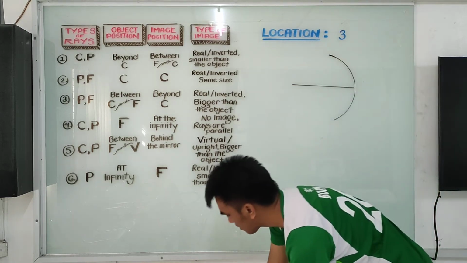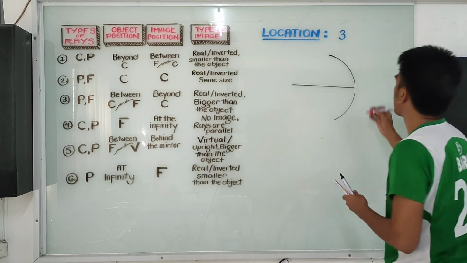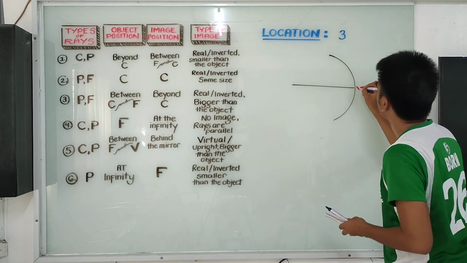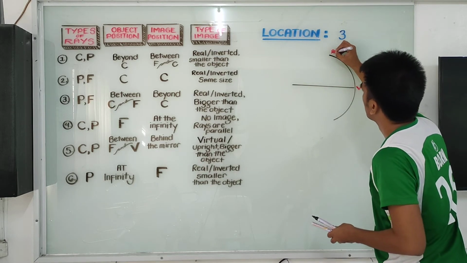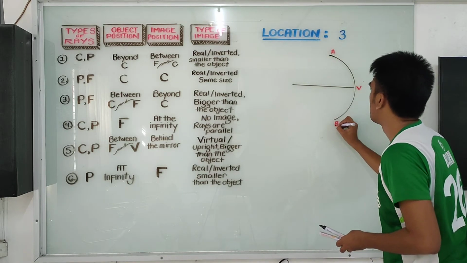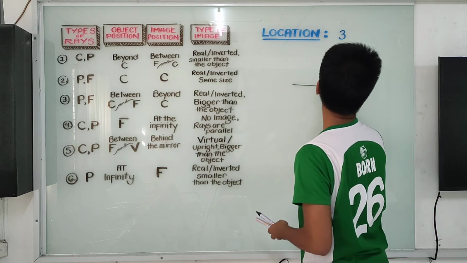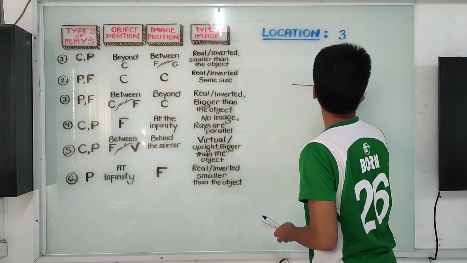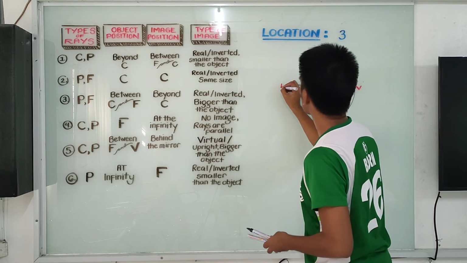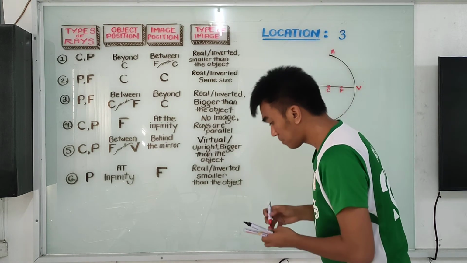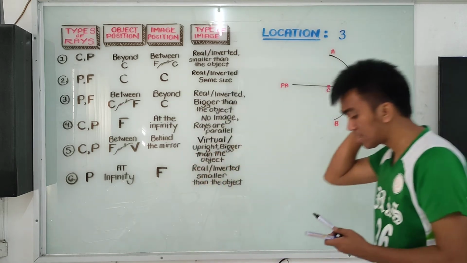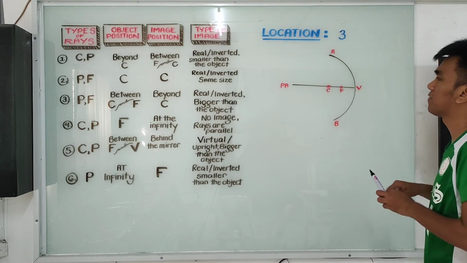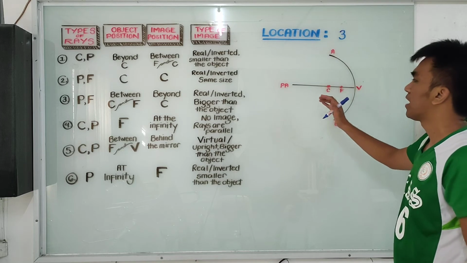And let us label the parts of our mirror again. The parts must be included, so that you'll not be confused whenever you illustrate a ray diagram. And an arrow, of course.